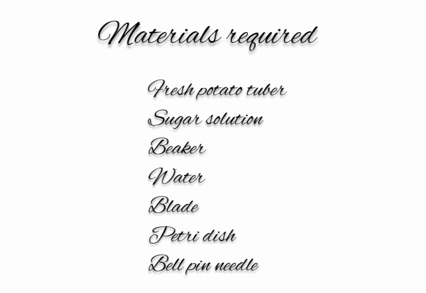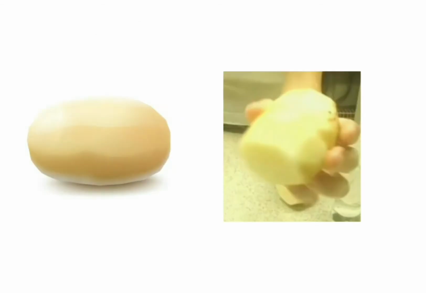For this, we will require a fresh, large sized potato tuber, glucose solution, beaker, water, a blade, petri dish, and a bell pin needle to mark the sugar level inside the potato cup. Peel the potato and slice the potato tuber into two equal halves.